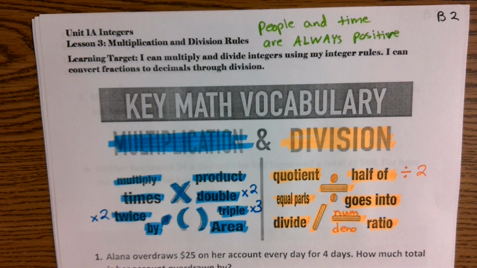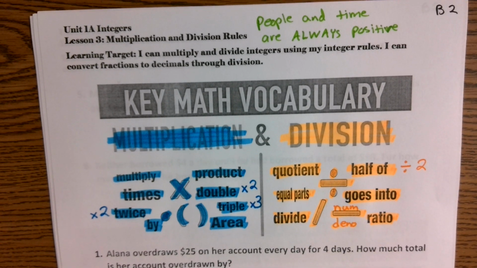So if they're giving you a value of time, like, oh, it's this many days, it's this many weeks, it's this many minutes, it's this many hours, this many years, that's a positive representation. If you're telling how many people are in your class, how many people are at work, how many people are on your team, how many people are in your home, that's a positive representation. Okay? So please keep that in mind.